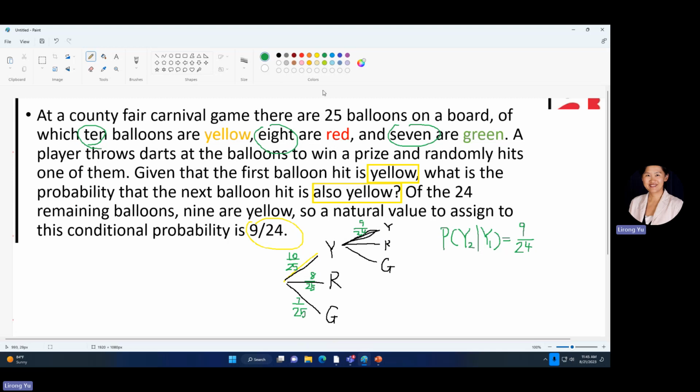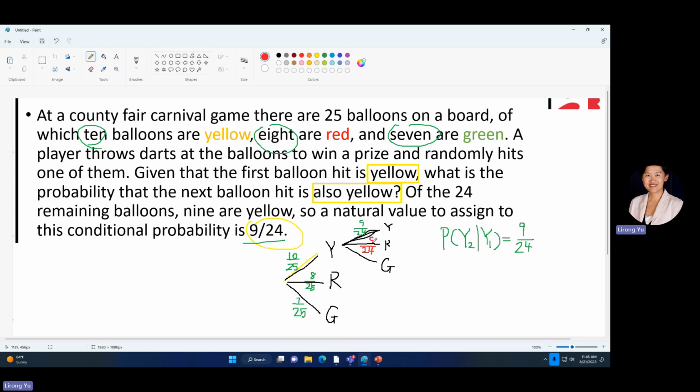If we finish the tree diagram here, the 9/24 is really important, but then we can have more questions. What is the probability of hitting a red, assuming the first one is yellow? Again, the total will be 24 since we hit the first balloon. We only have 24 balloons to hit. The 24 is the total number of balloons. So how many red in that 24?